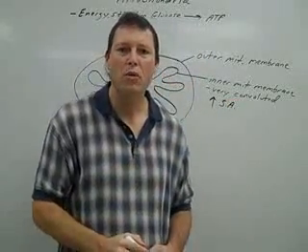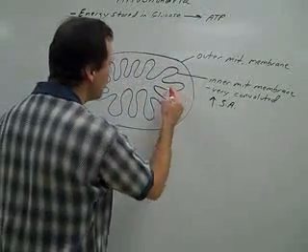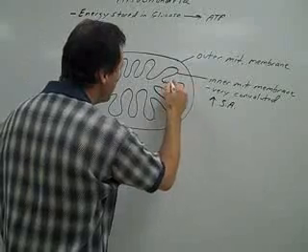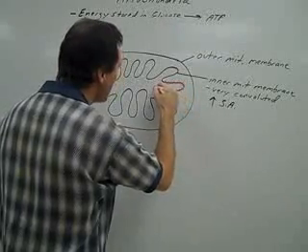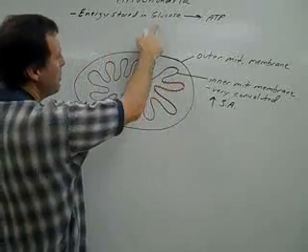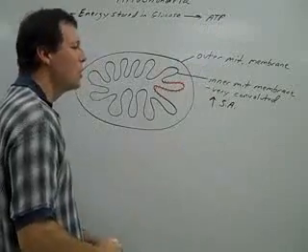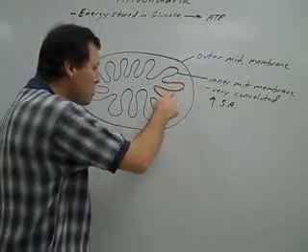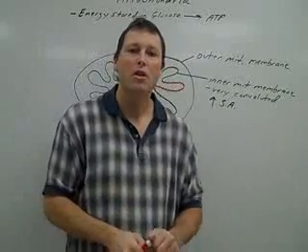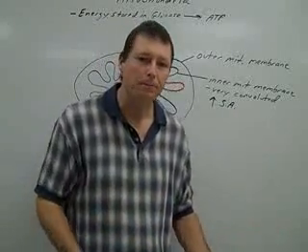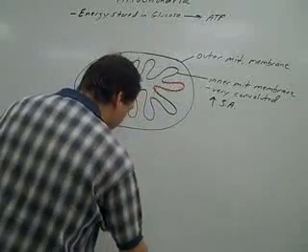The more surface area we have, the more cellular respiratory proteins we can actually embed into that membrane. Now these proteins are responsible for doing this job up here, for taking the energy stored in glucose and converting it to the energy stored in ATP. And the more of these proteins I can embed into that inner mitochondrial membrane, the more ATP I can make. So lots of surface area is a good thing.